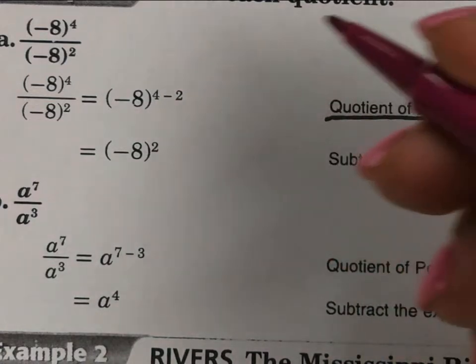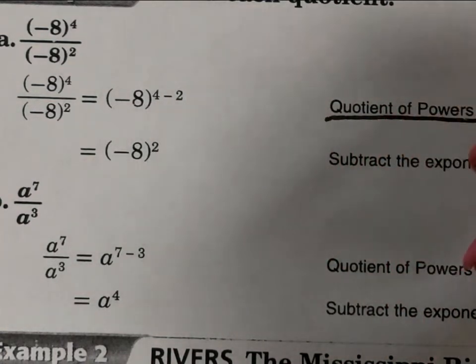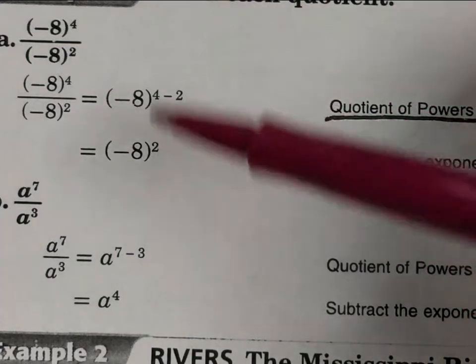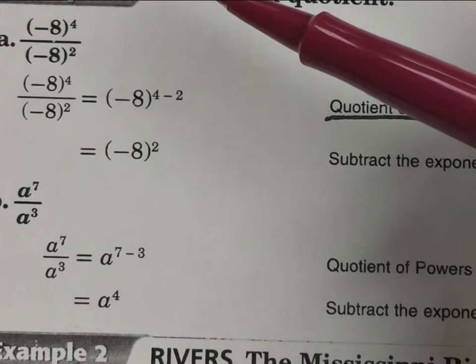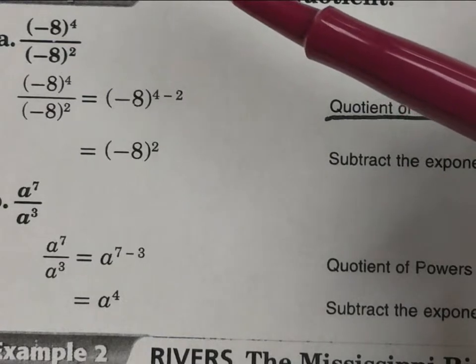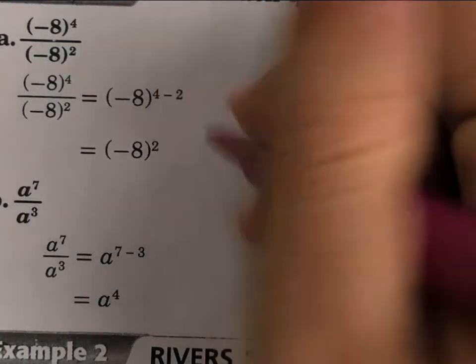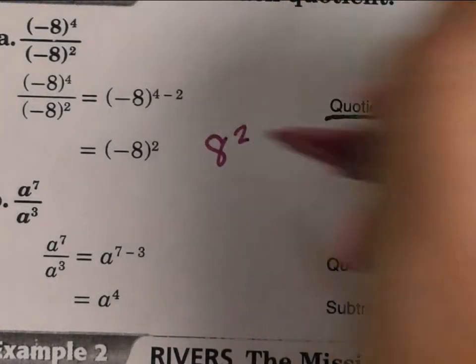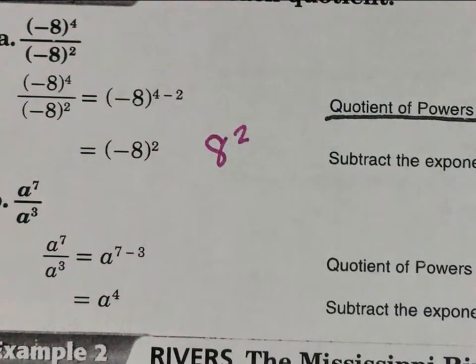But can I go ahead and simplify this a little bit further? What about those two negative signs? Could they change to a positive? They could. Okay. So I could say that this is positive 8 squared, because you're dividing a negative and a negative, which would give you a positive.